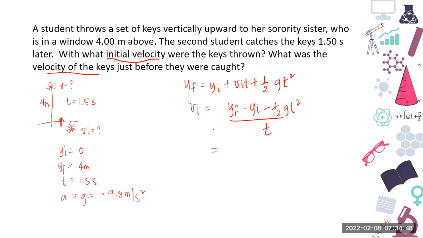Substituting the values, we have vi equals 10.02 meters per second. Okay, let me just show you the values. That's 4 minus 0 minus 1/2 times negative 9.8 times 1.5 squared, all over 1.5.